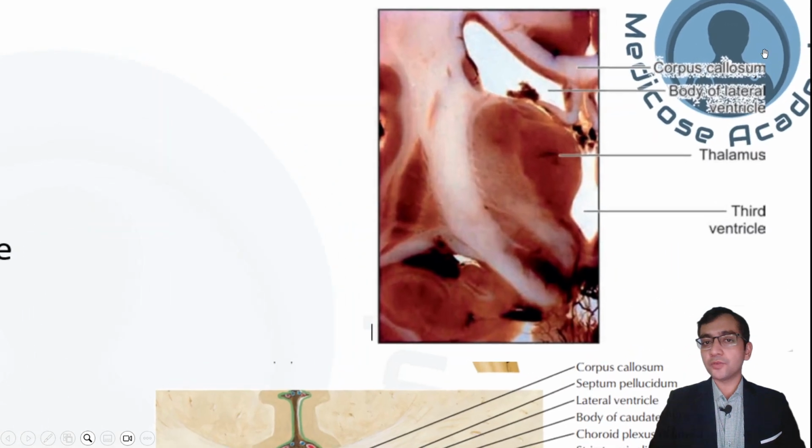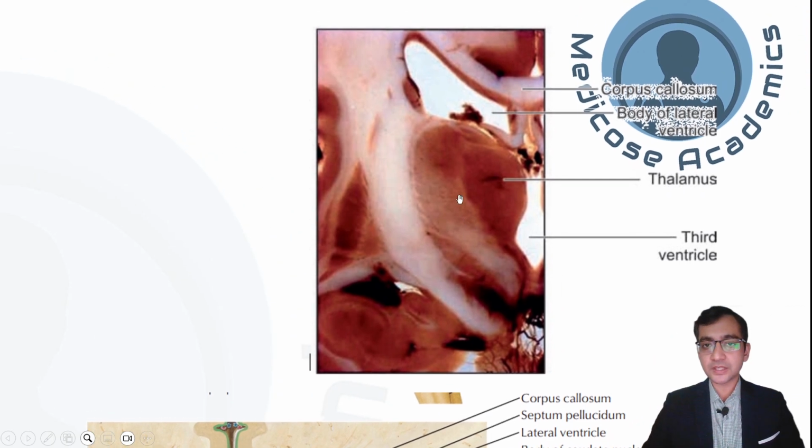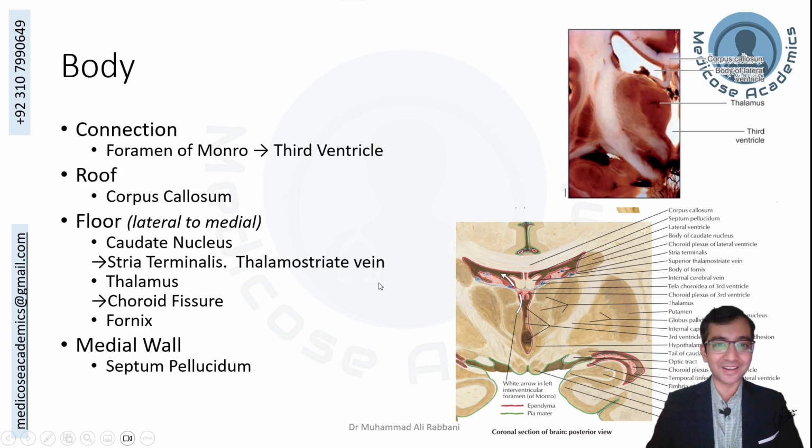This is a picture of actual tissue, and most of these structures can be differentiated here. On the inferior aspect is the thalamus, of course the most important structure I did not mention right here. This whole structure is the thalamus. So there is fornix, internal cerebral vein, thalamus, thalamostriate vein, stria terminalis, caudate nucleus. All these structures are present.